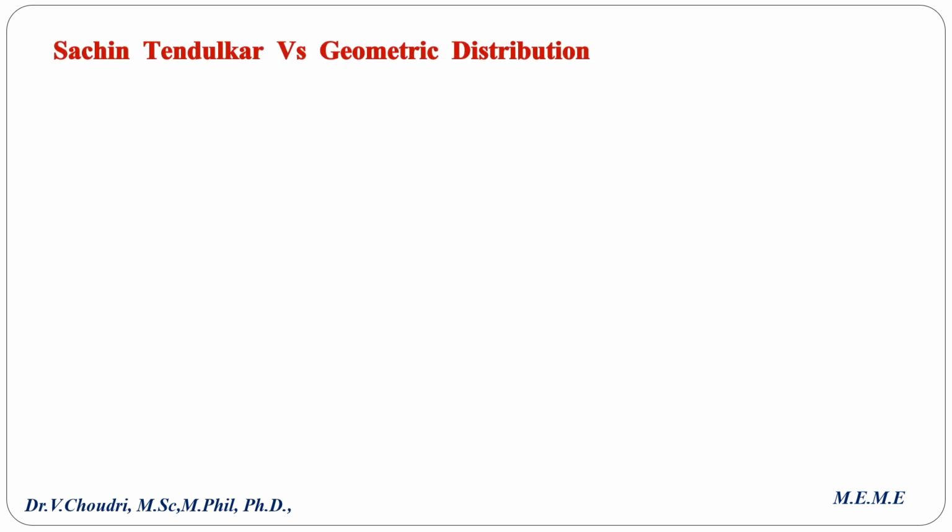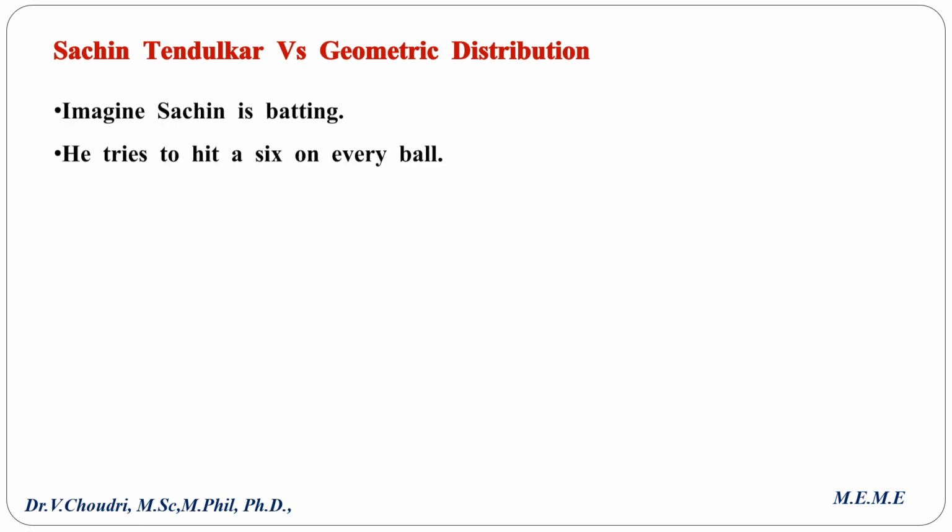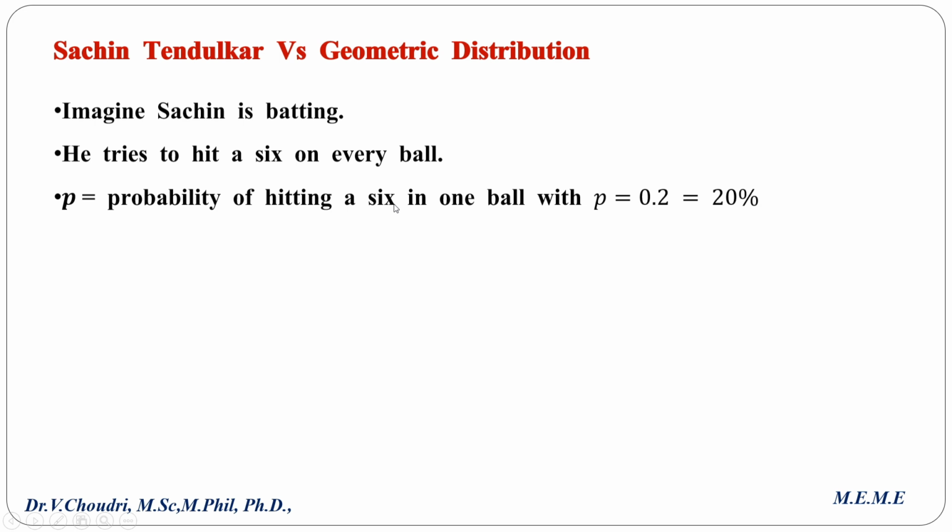Let us understand the concept through this example: Sachin Tendulkar with geometric distribution. Imagine Sachin is batting, and the match is a very crucial match. He needs to get more score, that's why he tries to score off every ball. The probability of hitting a six in one ball is 0.2.